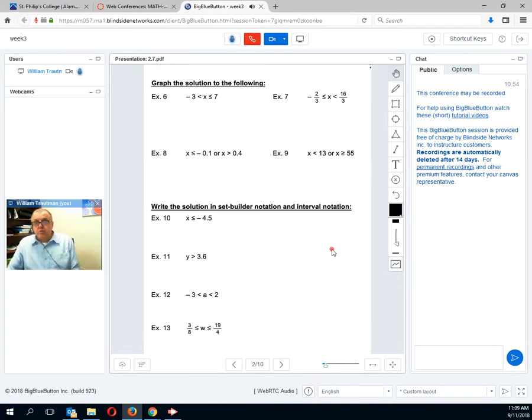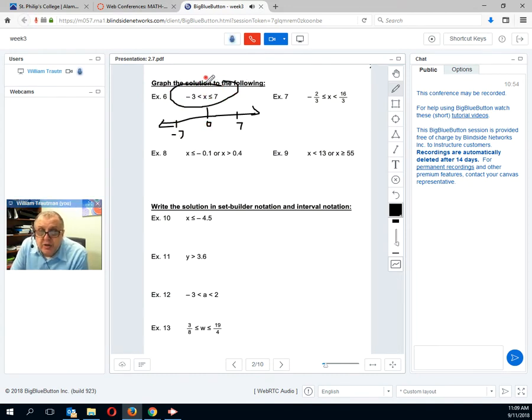and we're going to graph some stuff here. Now, in the previous problem, we had x is greater than or x is less than a particular number. Well, let's draw the number line again. Here's the number line. Here's 0. Here's 7. And here's -3. Now, this is kind of important.